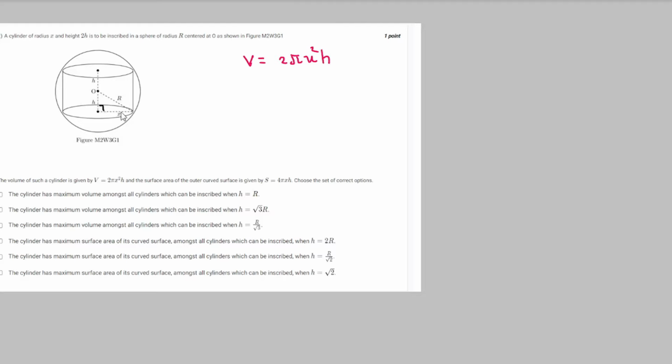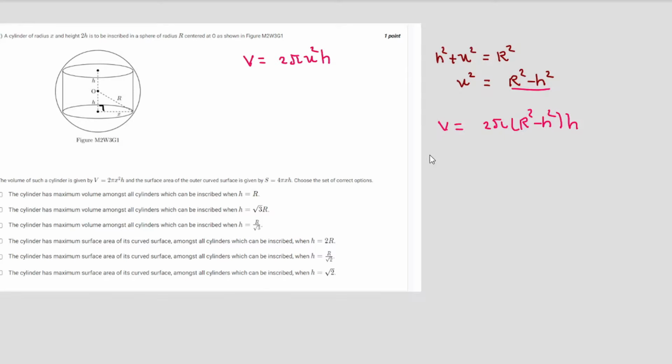and this is a right angle triangle, so from here we can write h square plus x square is equal to r square. So x square will be equal to r square minus h square. We can substitute this in the volume. So volume will become 2 pi times r square minus h square times h, that is 2 pi r square h minus 2 pi h cube.